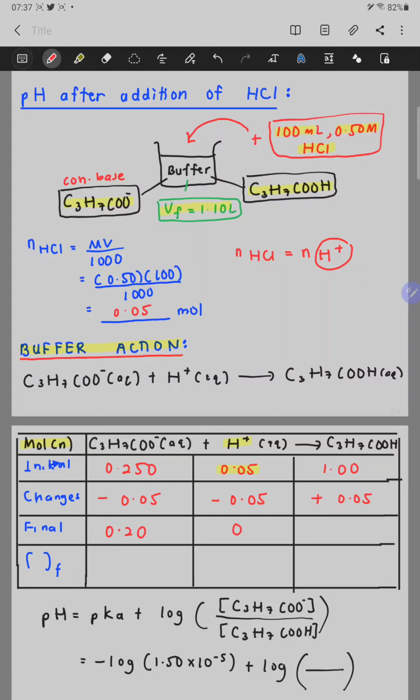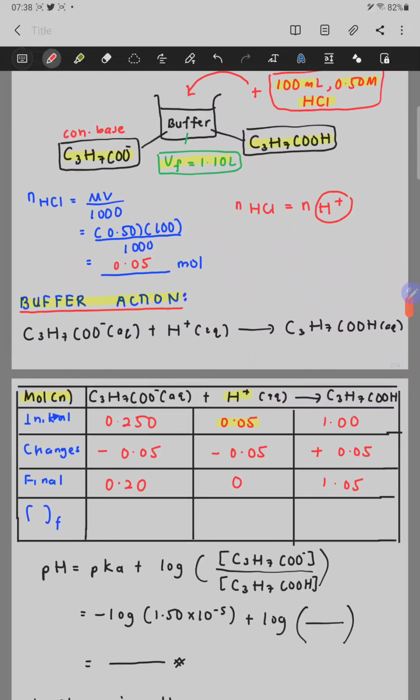H plus 0, no more H plus inside the buffer, and number of mole of weak acid adalah 1.05 mole. Dan sebelum korang cari the new pH, kita akan masukkan dalam formula Henderson-Hasselbalch, of course korang kena cari the new concentration of conjugate base dan juga weak acid. So conjugate base ni dia akan berkurang sebanyak 0.05. So the final mole adalah 0.20.